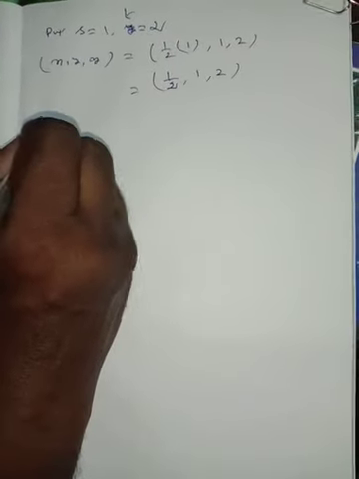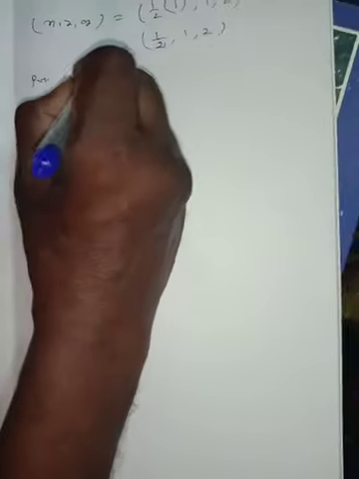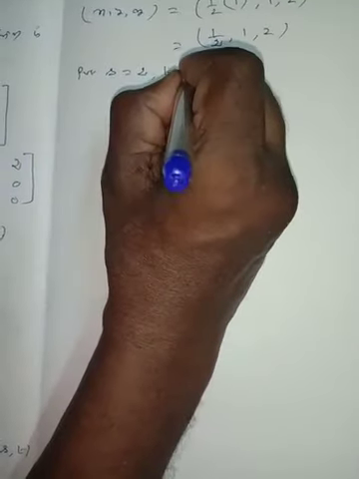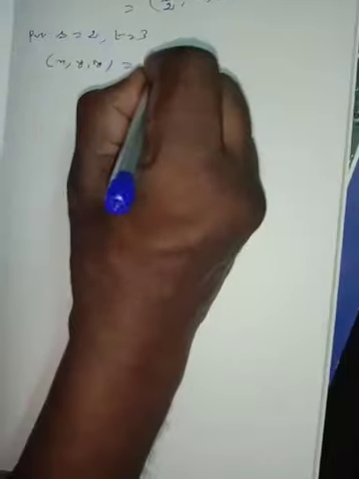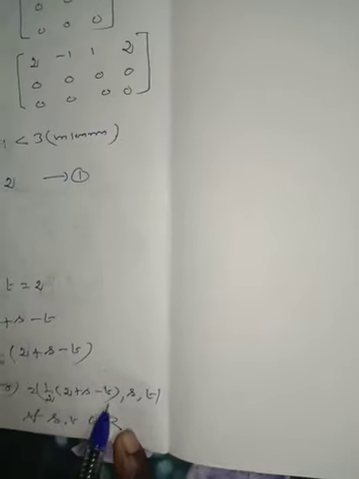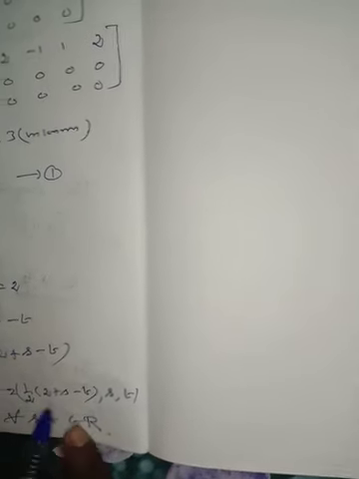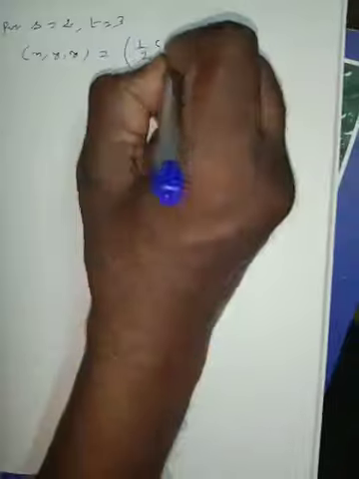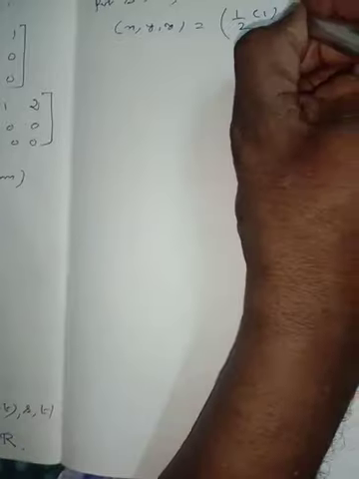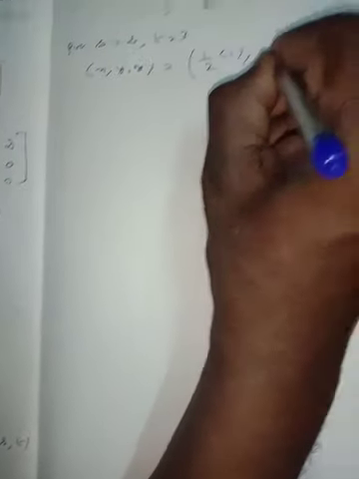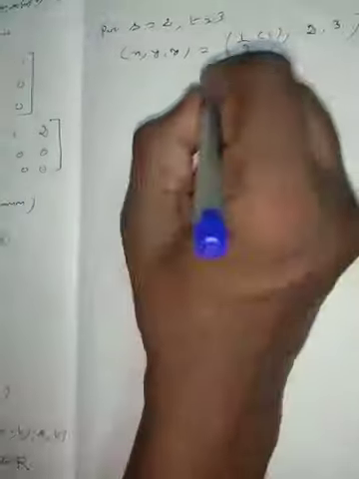Put s is equal to 2, t is equal to 3. x, y, z is equal to bracket half into 2 plus 2 is 4, 4 minus 3 is 1, comma 2 comma 3, is equal to 1 by 2, comma 2, comma 3.